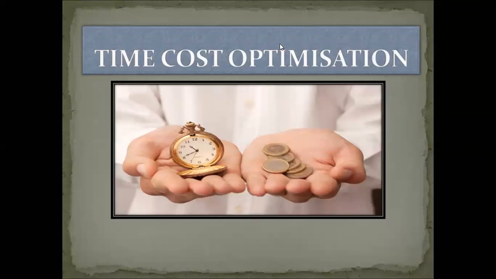For 10 laborers at 300 rupees per day, 3000 is the indirect cost, but for 15 laborers, 15 into 300 gives 4500 rupees. Previously it was 3000 rupees, but now it becomes 4500 rupees. So the indirect cost goes on increasing.